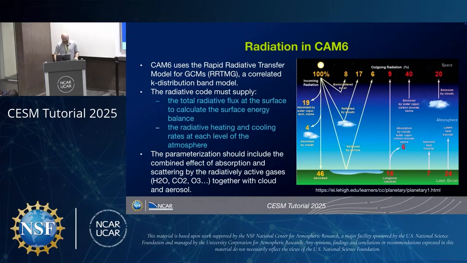That's okay. I didn't prepare for this, but CAM does use the Rapid Radiative Transfer Model for GCMs, which we call RRTMG. The details of it are not my forte, unfortunately, but basically it has to supply radiative fluxes at the surface and top of the model. The biggest thing it tells us is how much energy is being stored within the Earth system.